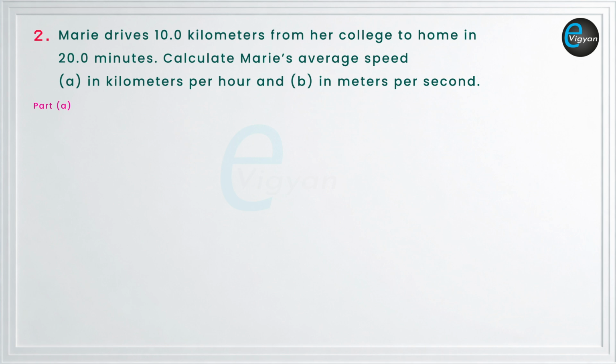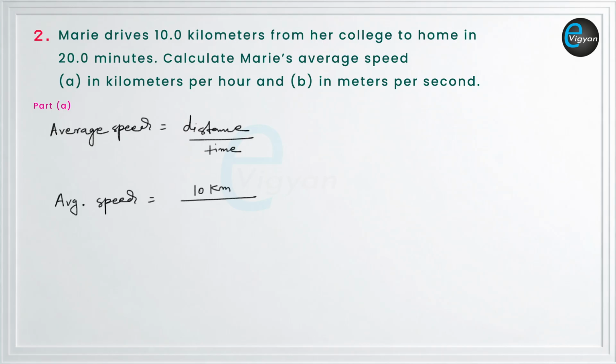Average speed is the total distance traveled divided by the time of travel. So here average speed equals distance divided by time, which equals 10 kilometers divided by 20 minutes, which equals 0.5 kilometers per minute. Now we want to convert kilometers per minute to kilometers per hour.